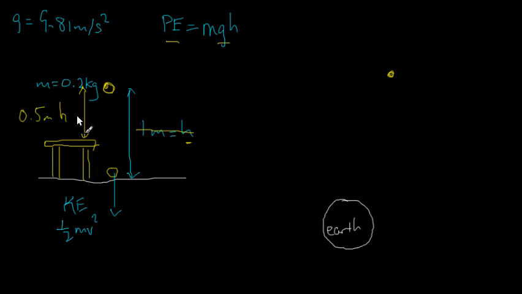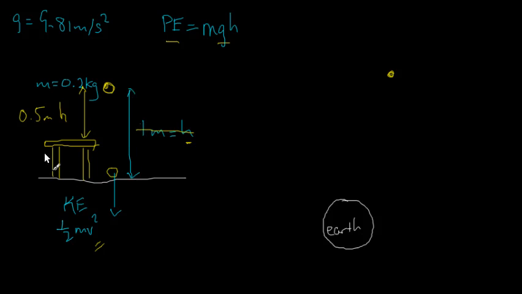If I refer the ball's height to the table, then I have a different potential energy. So surely when the ball falls to the ground, I cannot just obtain the kinetic energy just before it hits the ground by calculating mgh using this value of h. Surely I must use this value of h because this is the h that it falls through.